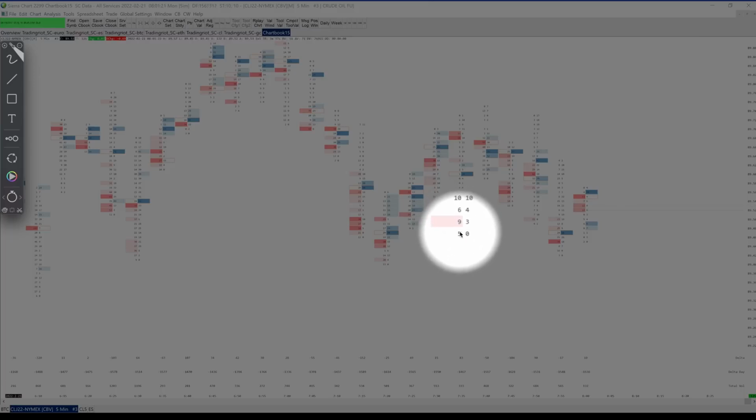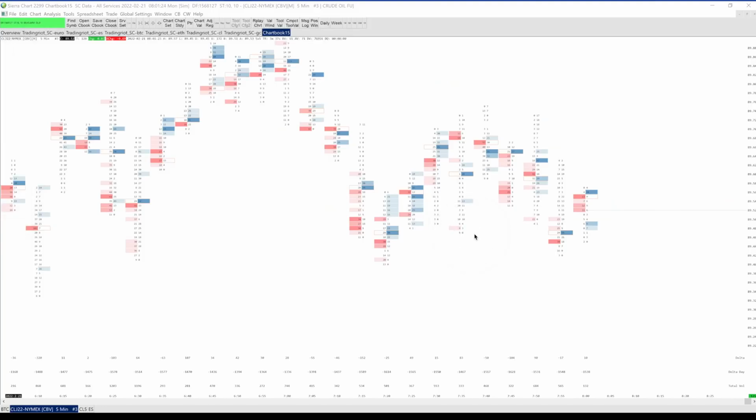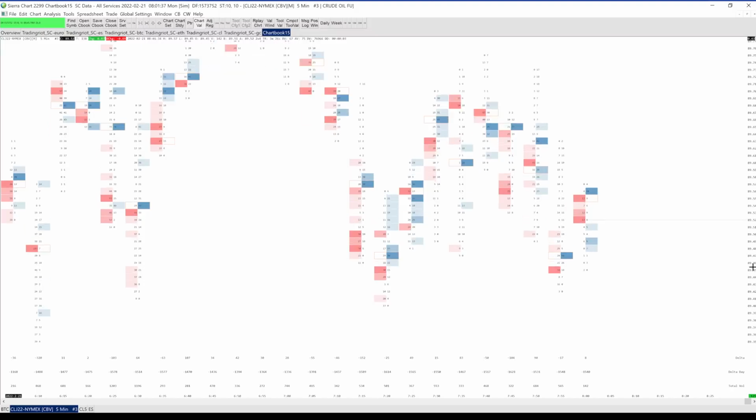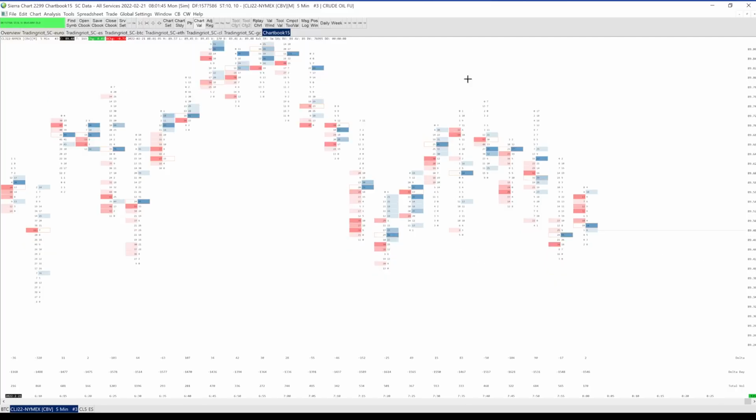So the delta for this price point, which is 89.47, is -5. Here you have -9 plus 3, that's -6. For example, at this price point, you have -2 plus 11, which is 9. This is how you calculate delta for each price level.